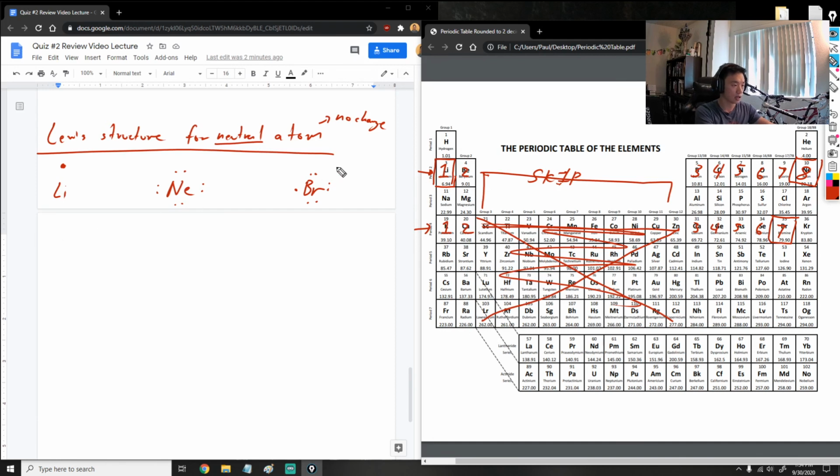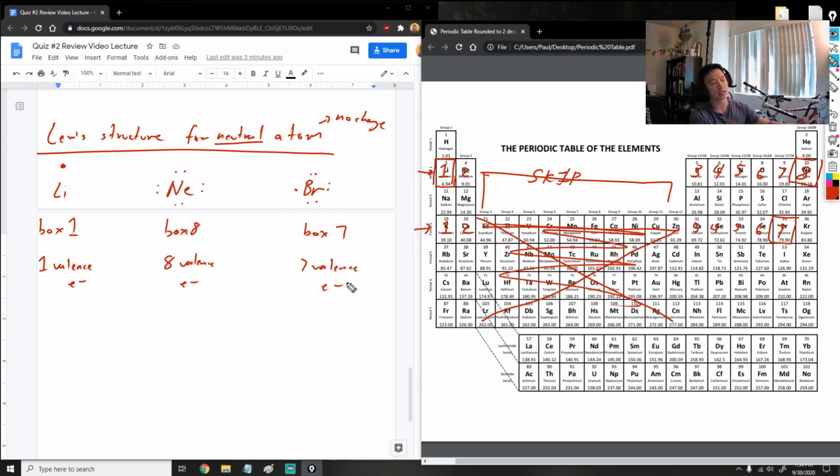Because Li is in box 1, so it has 1 valence electron. Neon is box 8 in its row, so it has 8 valence electrons. And Br is box 7, so it's going to have 7 valence electrons.